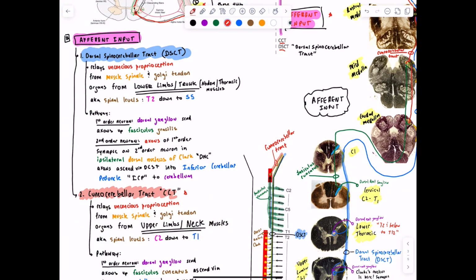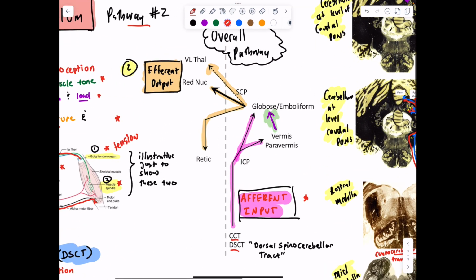CCT is the cuneocerebellar tract. That sends unconscious proprioception up through the inferior cerebellar peduncle to the regions of the cortex we're familiar with, the vermis and paravermis, and it could also go straight to the deep cerebellar nuclei, the globose and emboliform nuclei. The vermis and paravermis would send axons to globose and emboliform.